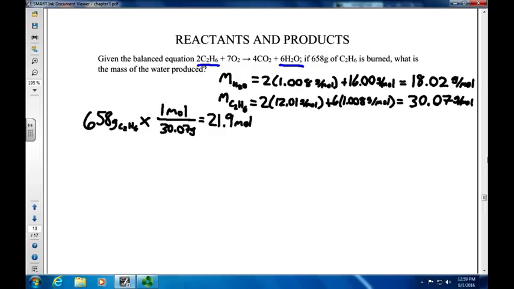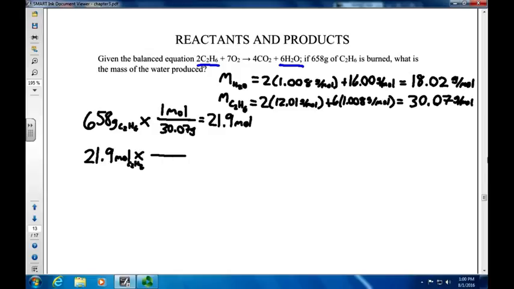Then we're going to take the moles of ethane that we calculated, 21.9 moles, and do a conversion of the number of moles of ethane versus water. We're doing a relation using the balanced equation, so we need to cancel out moles of ethane, C2H6.